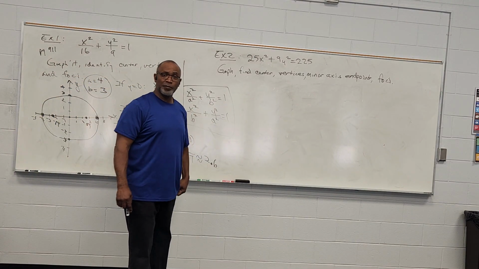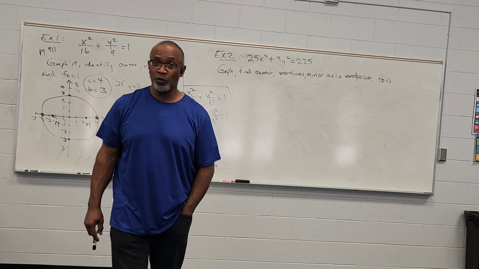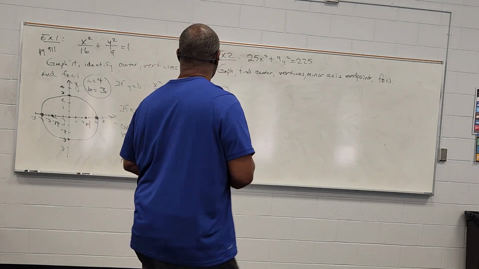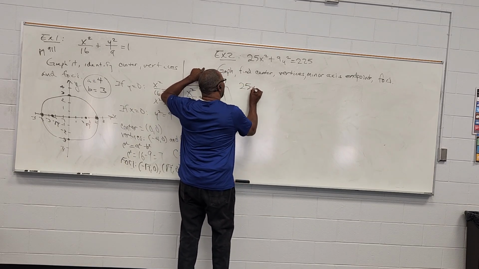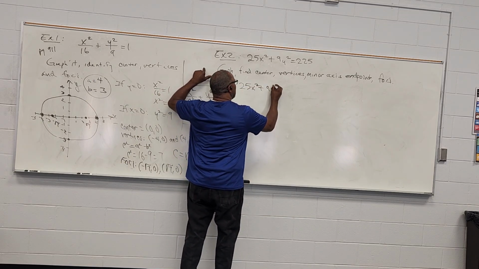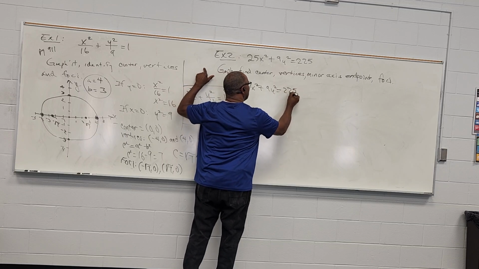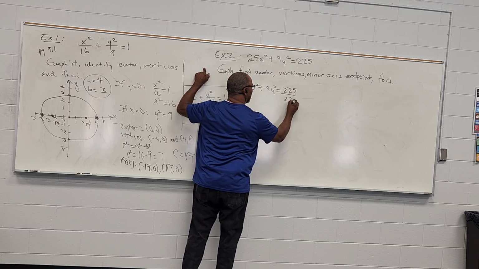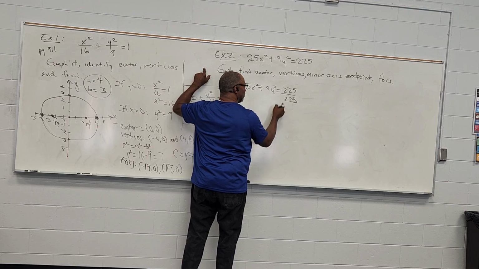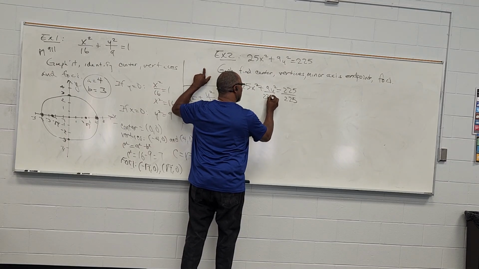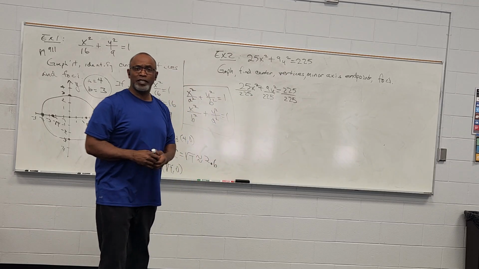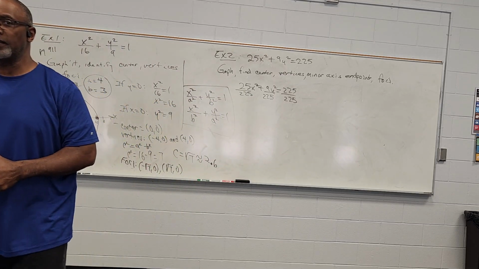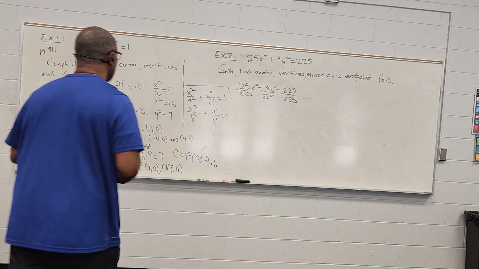For an ellipse in standard form, it must always be equal to 1. So that's what I've got to do to this first. I've got to write it in standard form. I take 25x squared plus 9y squared equals 225. That's not equal to 1. To make it equal to 1, I have to divide by 225. But if I do it there, I've got to do it everywhere. So I divide all terms by 225.